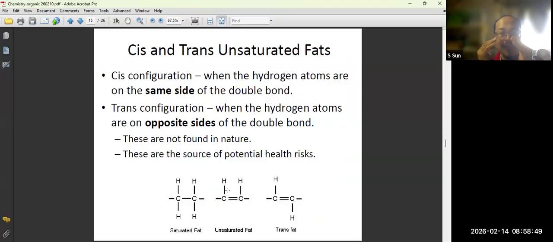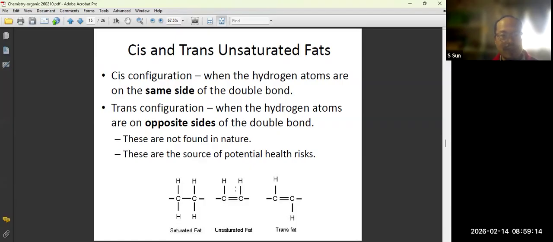And so it's not kinky, it will be straight. The natural form is supposed to be liquid, but if the hydrogens are on opposite sides, it's not kinky, it's straight, and then it can appear as a solid. This one is called trans fat. Trans fat is not good, human-made, unnatural.